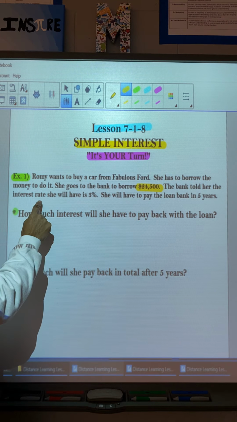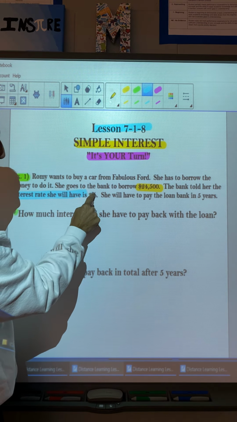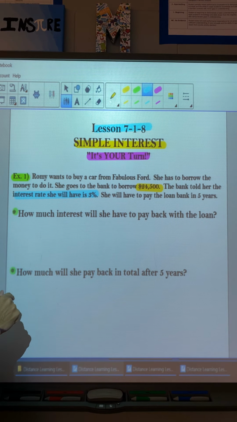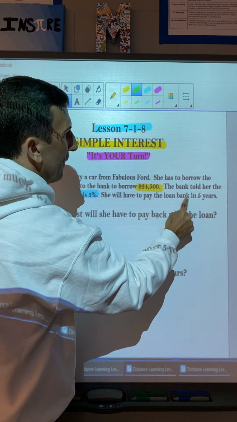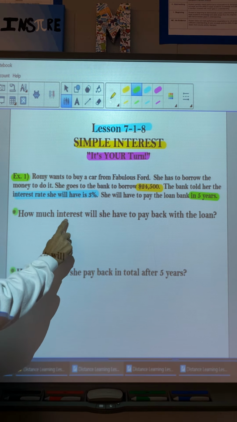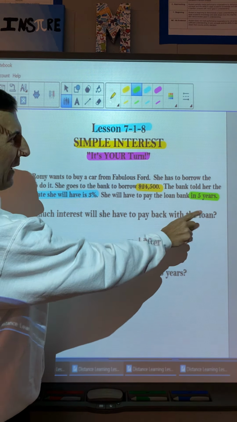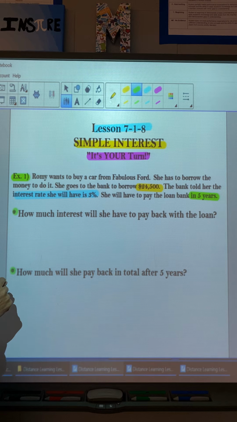The bank told her the interest rate is going to be 3%. She's going to have to pay back the loan in 5 years. I want to know how much interest she will have to pay back with the loan. Your hint: use the formula.